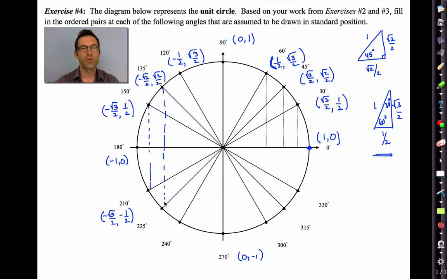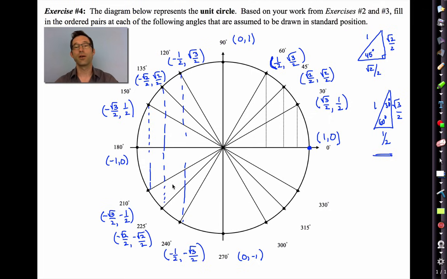This point is a reflection of this one across the x-axis, so yet again, x-coordinate stays the same, y-coordinate gets negated. And finally, same thing here. For 240, that's the 120 reflected across the x-axis. So the x-coordinate remains the same. The y-coordinate gets negated.